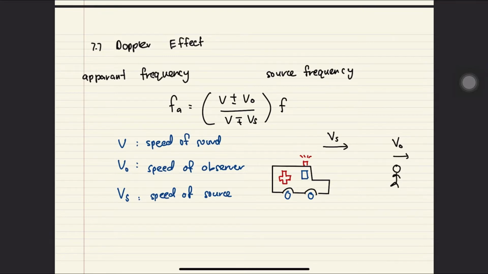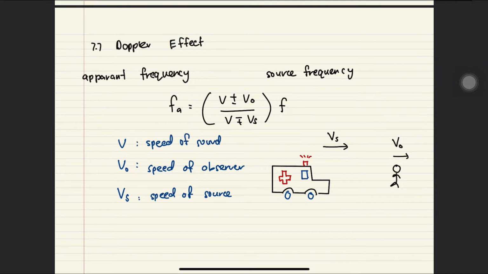That means it has a higher pitch. You have to differentiate between high intensity, where you hear it louder as it comes closer, and higher pitch, higher frequency. As it moves away, you have a lower pitch. Those are the logical situations. You can think about it and see clearly.